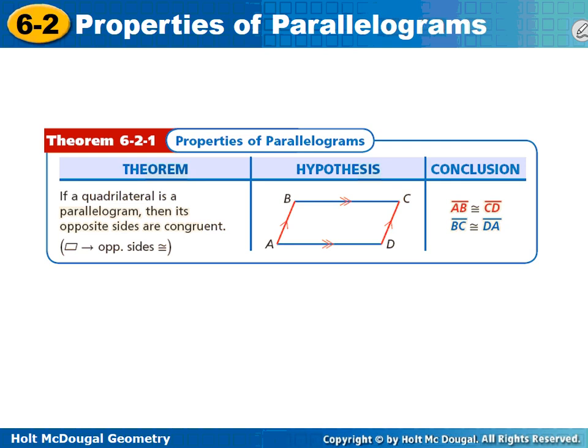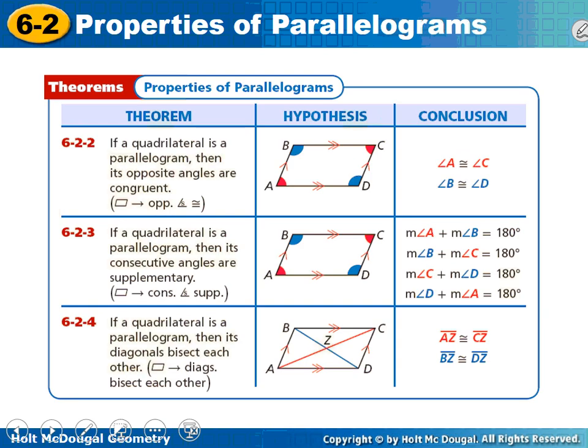Supplementary. What would we know about these two consecutive angles? Supplementary. And lastly, these two? Supplementary. What kind of angles are these called when they're in between the two parallel lines? Same side interior.